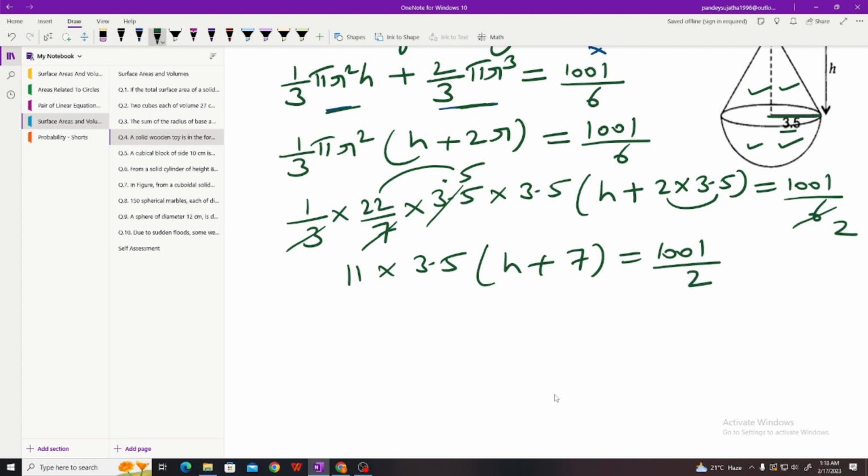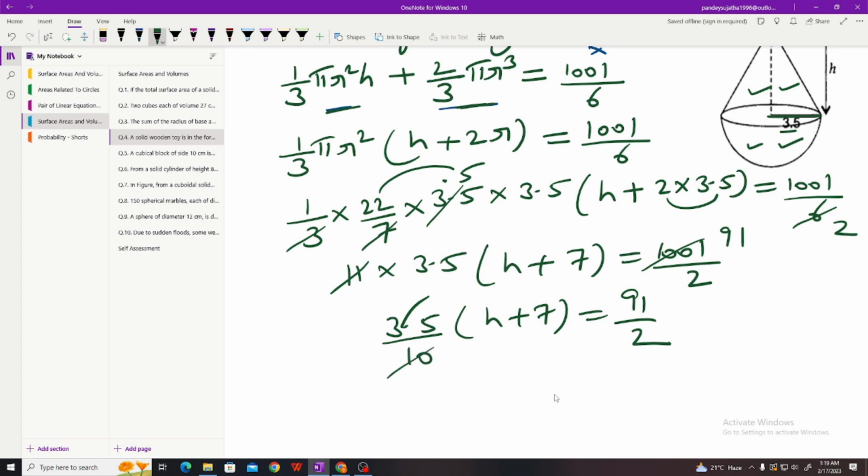So cancel this 1001 with this 11. So we get here 91. So 3.5 into h plus 7 is equal to 91 upon 2. Let's remove this decimal and bring 10 down.